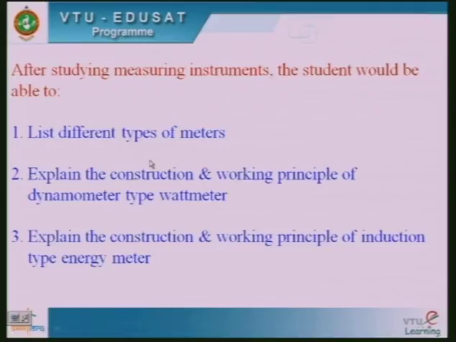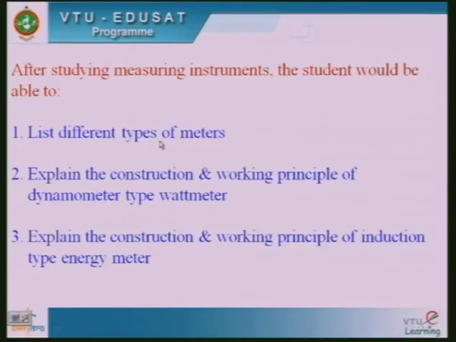After studying these measuring instruments, you can list different types of meters, the meters used to measure current and voltage. From the fundamentals, you have primary instruments and then secondary instruments. In the secondary instruments, depending on the classification of the effect, that is heating effect, magnetic effect, you have considered different types of meters based on the nature of usage.